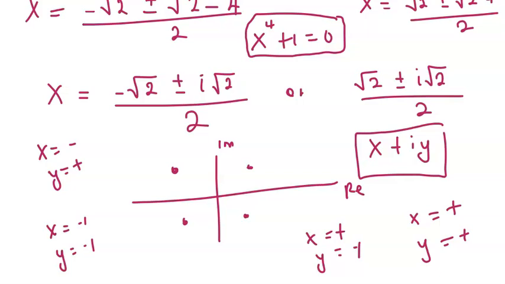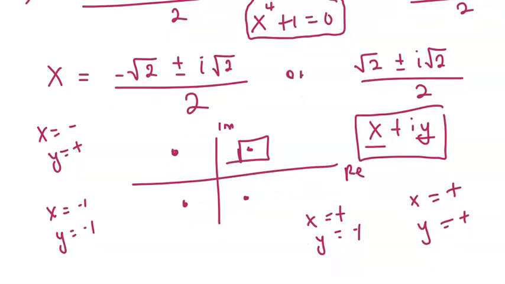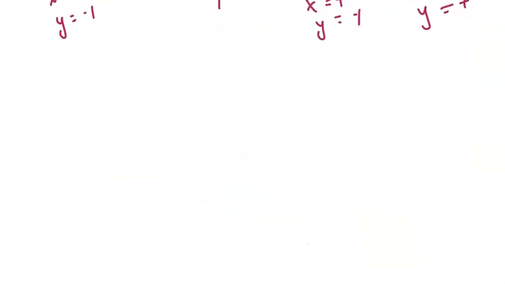So since we're expecting our positive principal fourth root, it should be located here, where x is positive and y is also positive, right? So we get the idea now, so we can use it to figure out the one which is a solution. So let's write out the whole values. We have negative root 2 minus root 2 times i divided by 2.